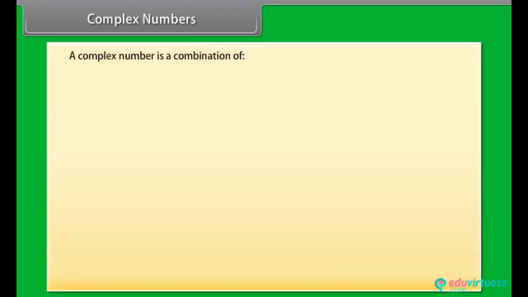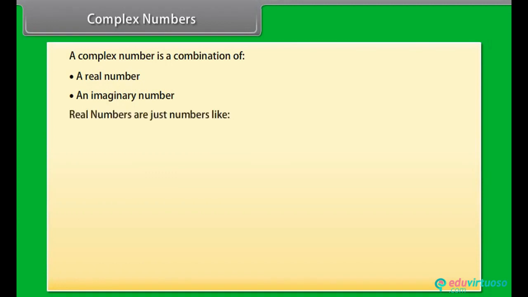Complex numbers. A complex number is a combination of a real number and an imaginary number. Real numbers are just numbers like 1, 12.38, minus 0.54, 3/4, square root 2. Imaginary numbers are special because when squared, they give a negative result.